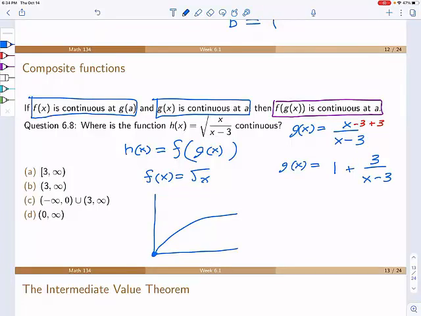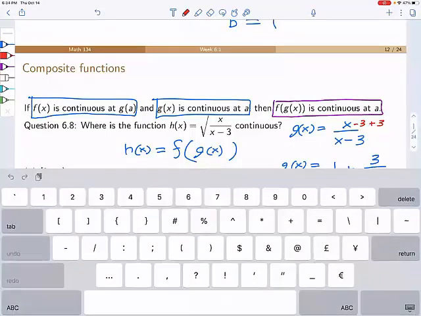And the reason why I'm doing this is because now it looks closer to the function y equals 1 over x. And that's a function that I know how to draw. It's just been transformed a little bit here. Okay, so let's try to draw this one. So the function y equals 1 over x looks like this, but it's been shifted first. It's been shifted up 1 unit, so that asymptote is now at y equal to 1.